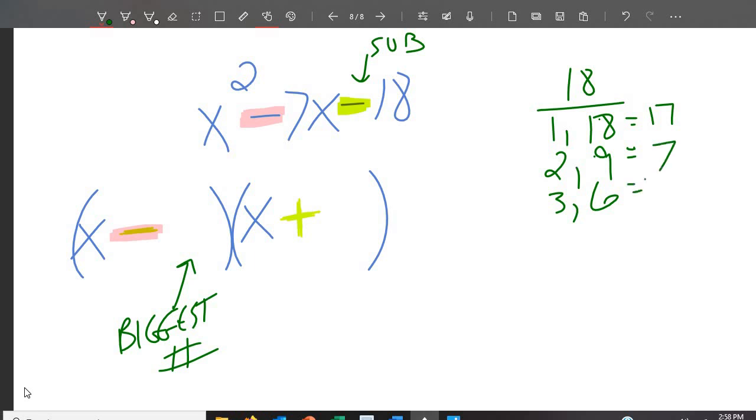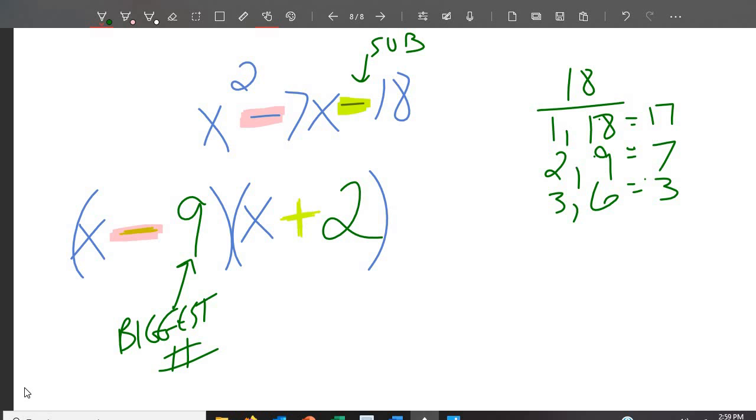If I subtract 3 and 6, I get 3. Okay. The 9 and the 2 subtract to give you 7. But since it's a negative 7, the biggest number goes with the negative. The smallest number goes with the positives.